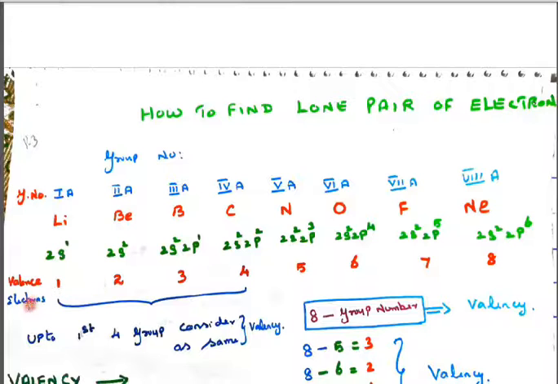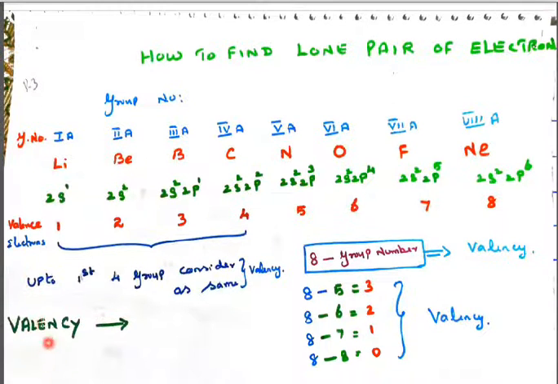So here the thing is, valence electron and valency are different. Valence electrons are the outermost shell electrons. Up to groups 1 to 4, the valence electrons and valency are the same. But beyond the fourth group, for 5, 6, 7, 8, you take the number 8 and subtract the group number.